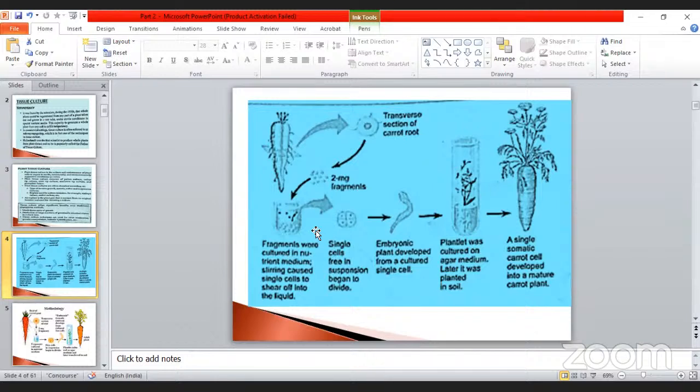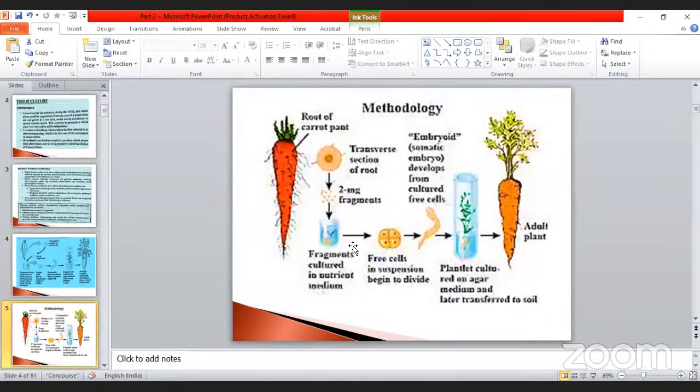After that, the single cell divides into two, four, eight, 16, 32, 64, like that. Because it absorbs nutrition from the agar medium, it also undergoes mitotic cell division, because you already know each and every meristematic cell undergoes mitotic cell division, isn't it, my dear?